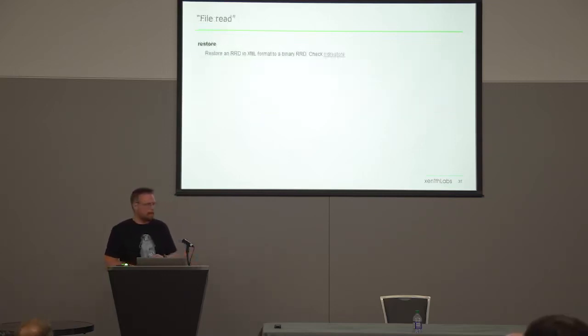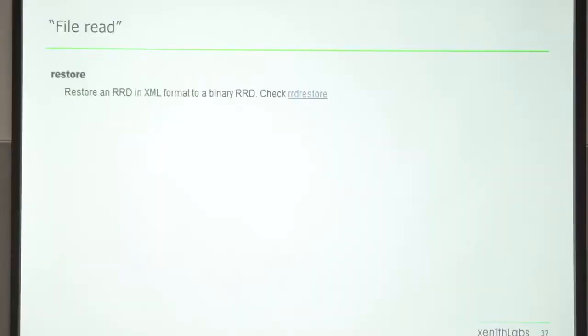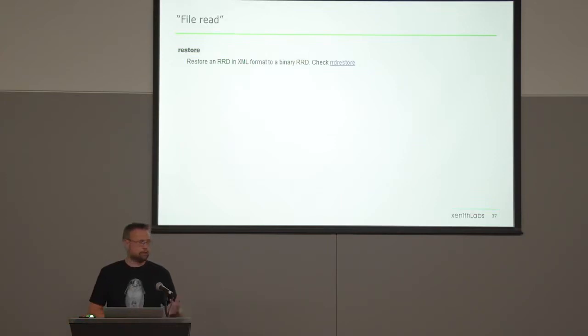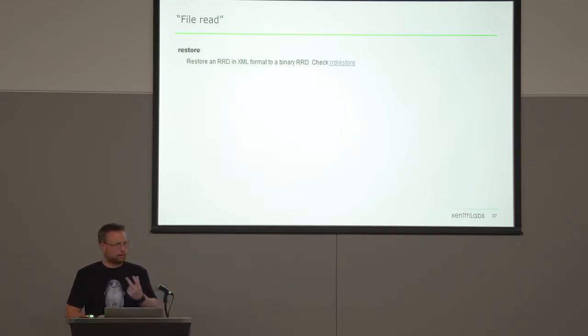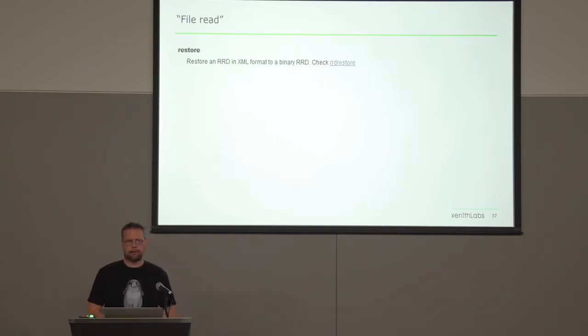File read, I have that in quotes because what happens is you give it a restore function. So you say restore, space, source file, which is supposed to be an XML file, and then output file. And so what will happen is, if you give it /etc/passwd, it'll read /etc/passwd, and then it'll complain that there's no XML in the first line of /etc/passwd, and it'll just spit the first line back to you. So you don't get the full file information.